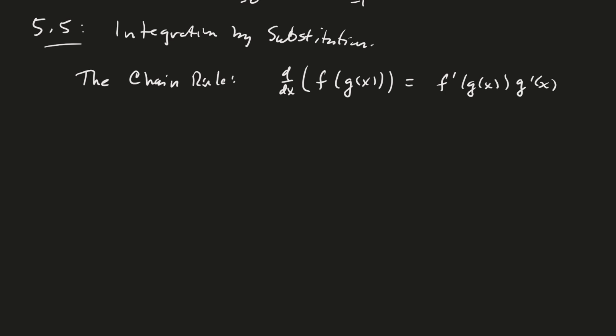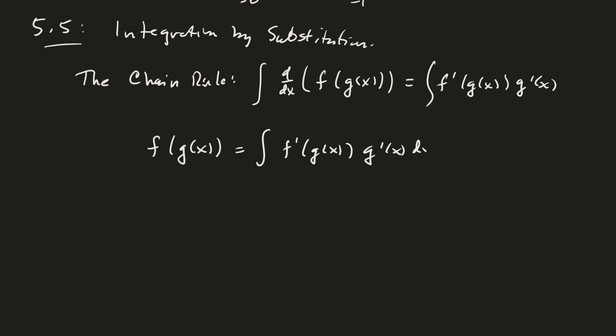Right? So therefore, if I integrate both sides, then I get f of g of x is equal to the integral of f prime of g of x times g prime of x dx. Now this would be hard to recognize that you actually have this form.